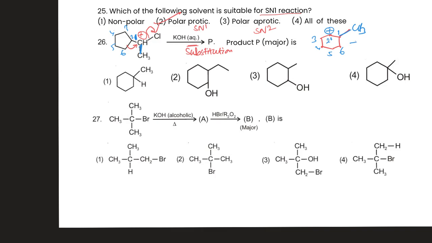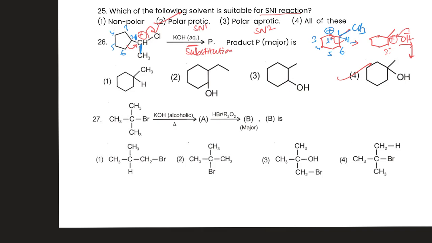Secondary carbocation is unstable, so the hydrogen here will shift, and the carbocation forms here. This is a tertiary carbocation. Tertiary carbocation is more stable, so OH minus will attack here, and that compound is the fourth option.